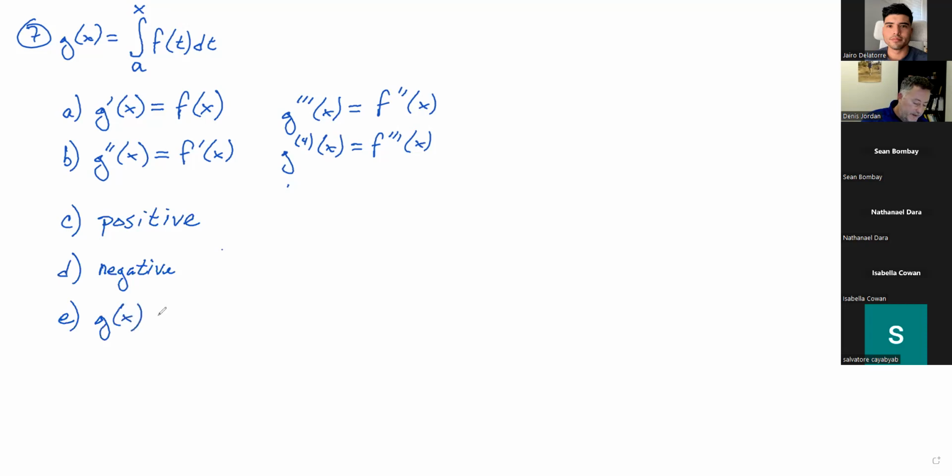Negative? Or yeah, concavity is going off the second derivative, right? So if it's going to be concave up, the second derivative has to be negative. Positive, oh, positive. We know the second derivative of G is equal to the first derivative of f. It has to be positive.